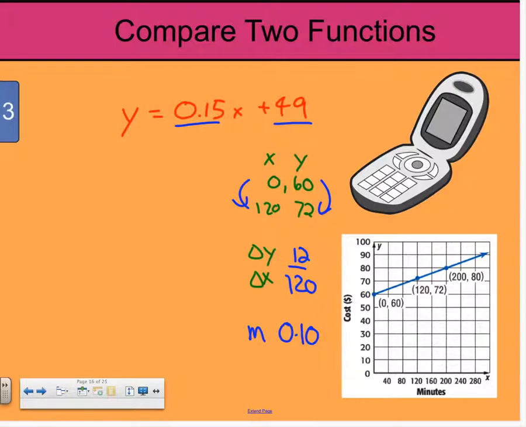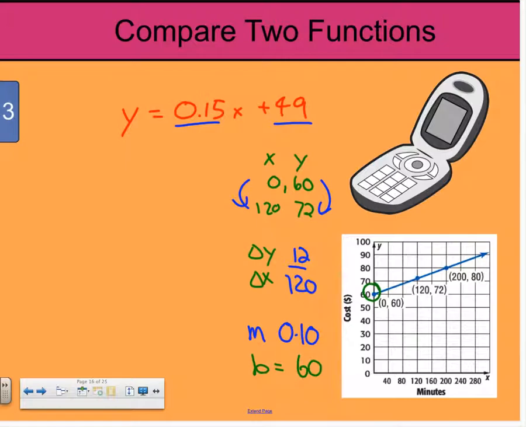And I also now need to find what my fee would be. I find that initial value by finding the y-intercept, which in a graph is very easy to find. I simply locate where my line crosses the y-axis, and it happens to be at 60. So for the graph, my y-intercept is 60.